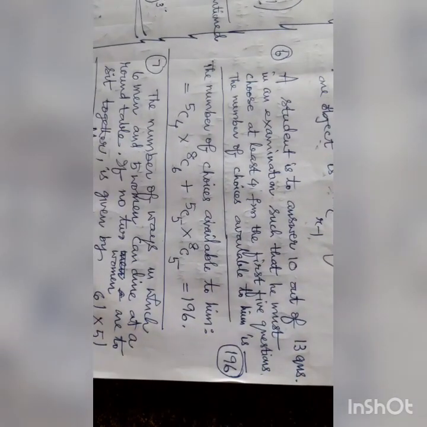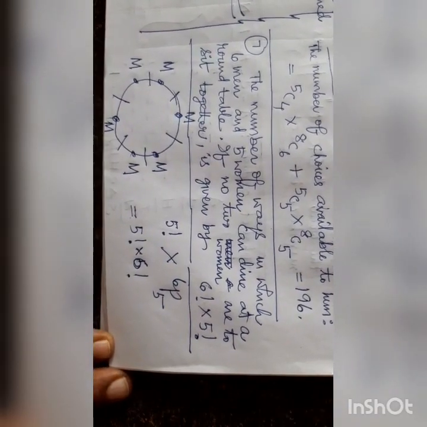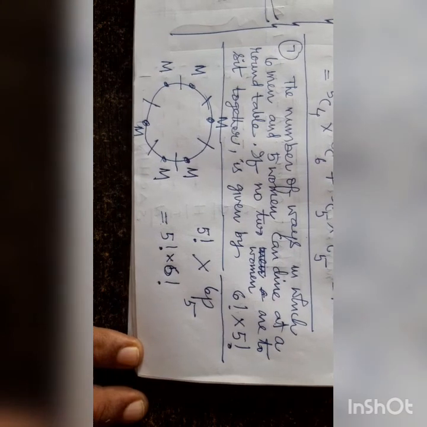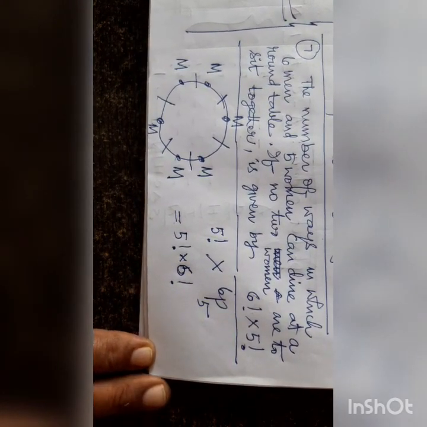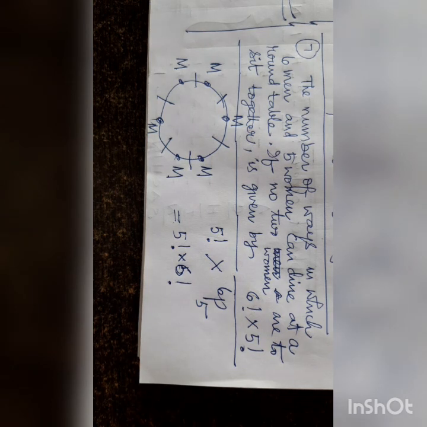Next, you see, I want to explain this very fundamental thing: the number of ways in which 6 men and 5 women can dine at a round table.